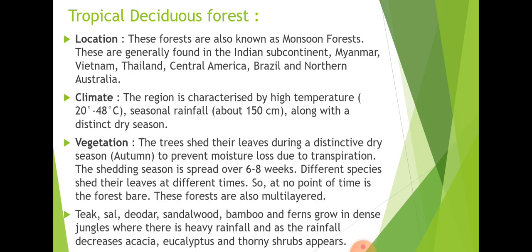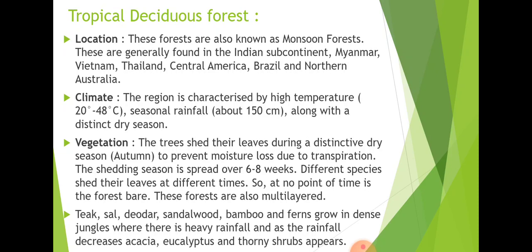Examples of tropical deciduous trees are teak, sal, devdar, sandalwood, bamboo, fern. These are the plants or shrubs which grow in the tropical deciduous areas where heavy rainfall occurs.